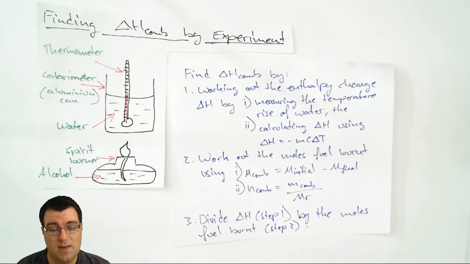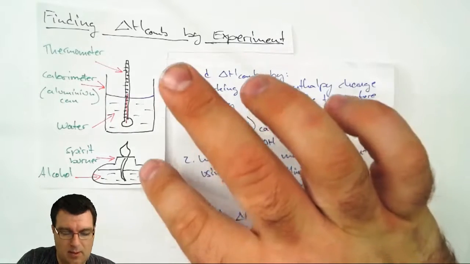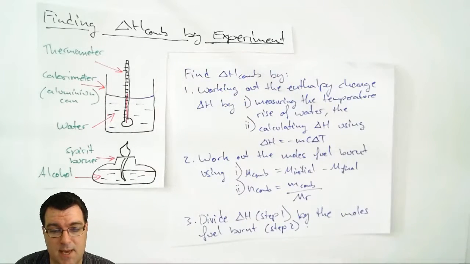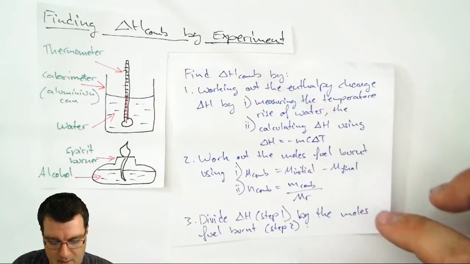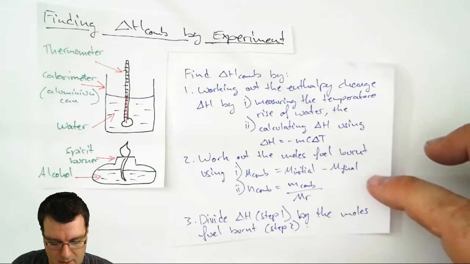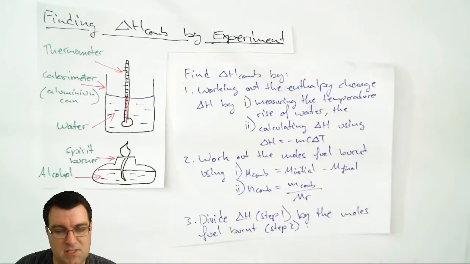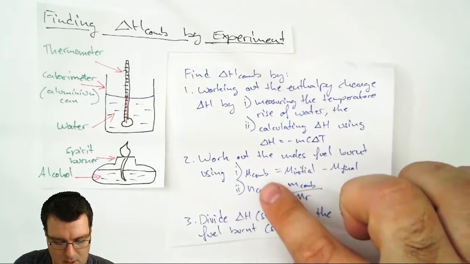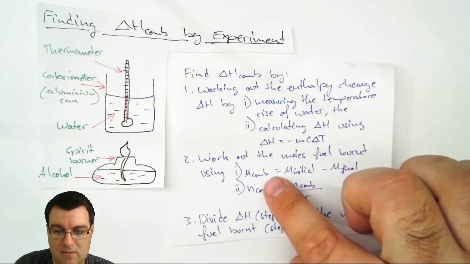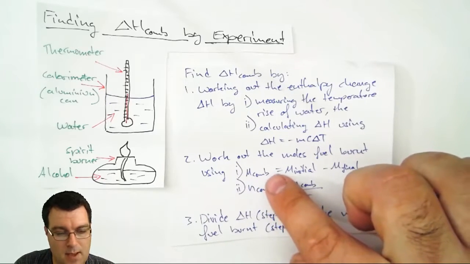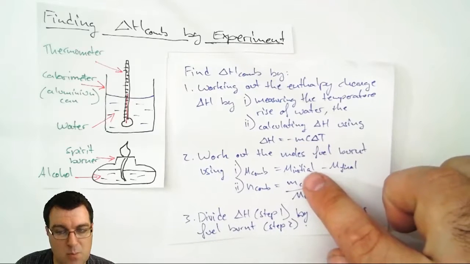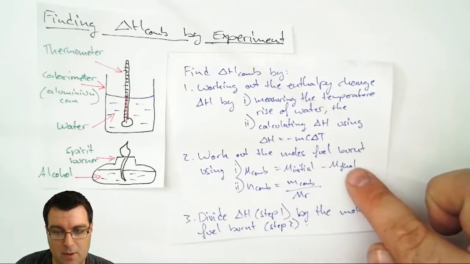Once we have that quantity, we then have to look at the spirit burner here, where we're combusting our alcohol. From here, we take a look at the moles of fuel burnt, using first just a simple mass balance, where we find the mass of the combusted alcohol by taking the initial mass and subtracting the final mass from it.